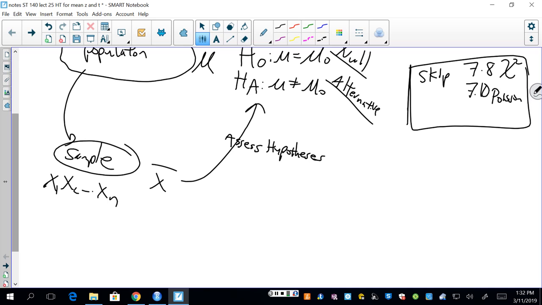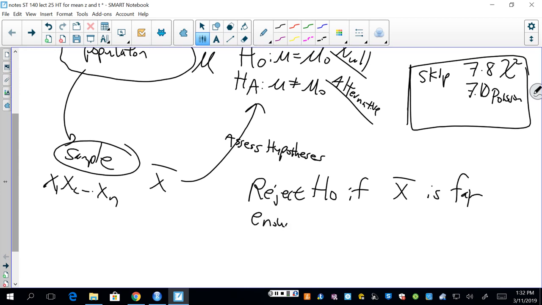The basic idea is we reject the null hypothesis if x bar is far enough away from the null.